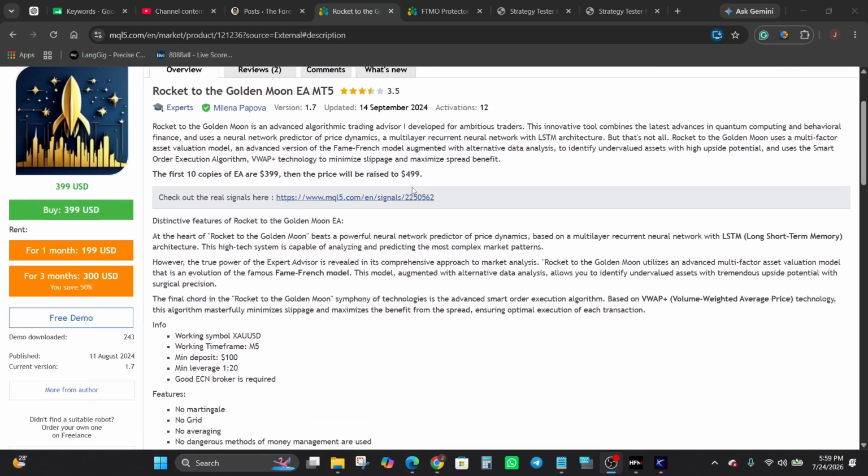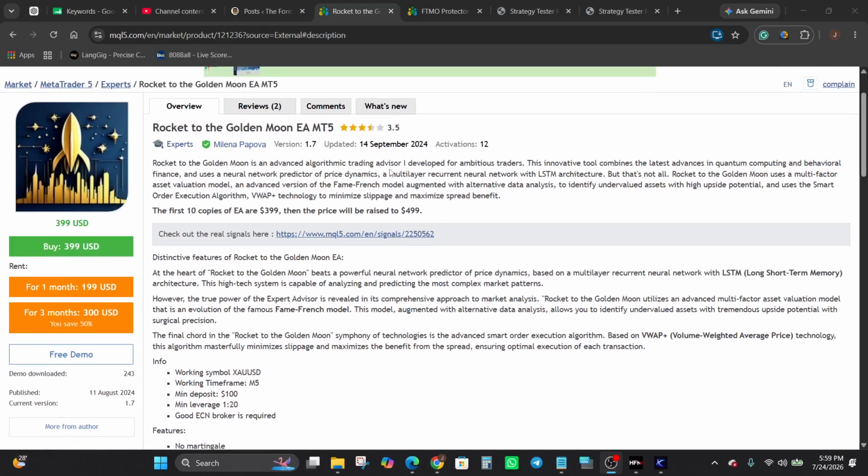Now, navigating through the marketplace page, the developer describes this tool as an algorithmic advisor built around a multi-layered recurrent neural network utilizing LSTM architecture for price dynamics prediction.